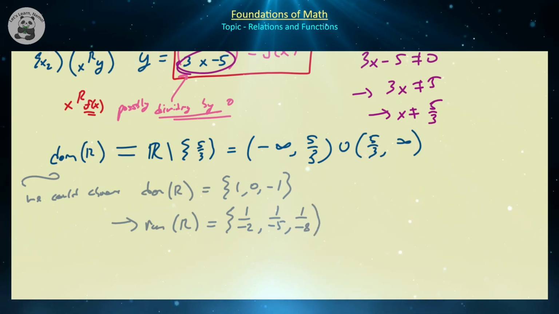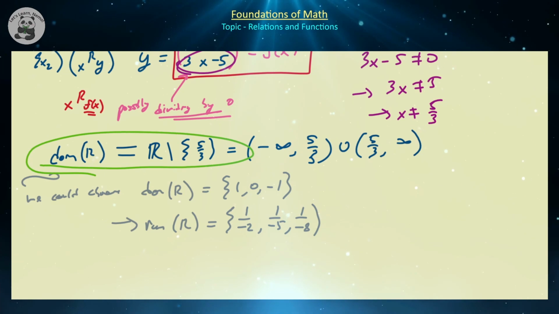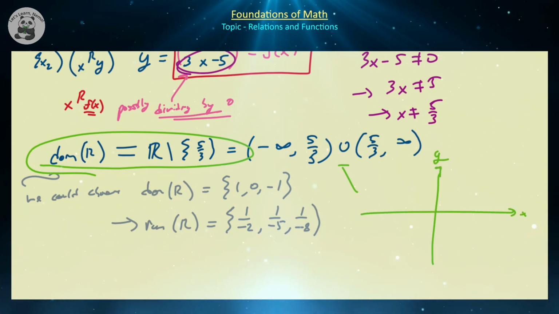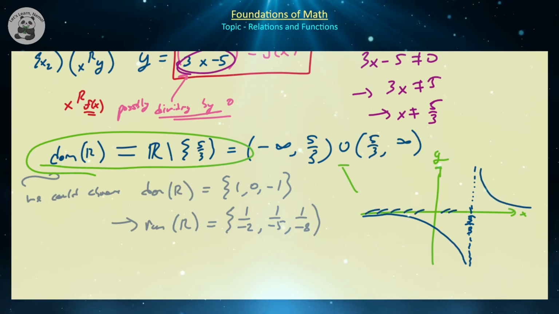Now, the question is, if I were to use the largest possible domain, what would be my range? This is not always obvious to see from the algebraic representation. But if we were to graph this particular relation in the continuous spectrum, again, you cannot have 5/3, so there is not going to be any value on that dotted line, but you should be able to see that the curve is going to look something like this, and it's never going to cross the x-axis.